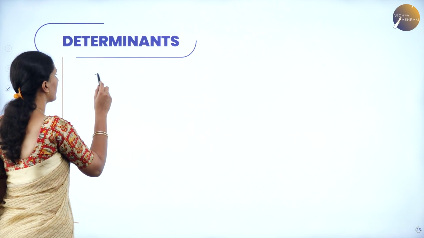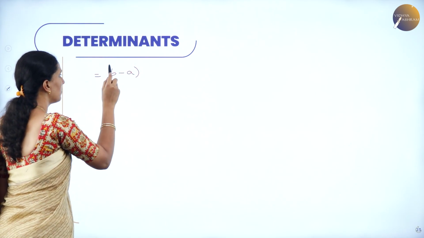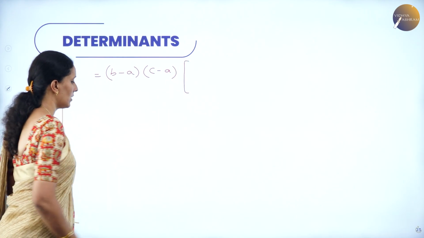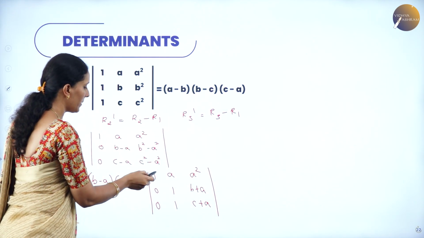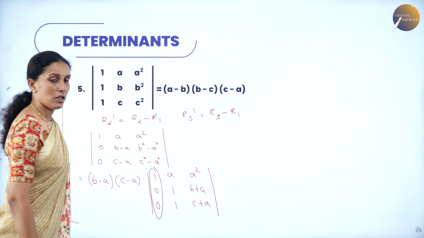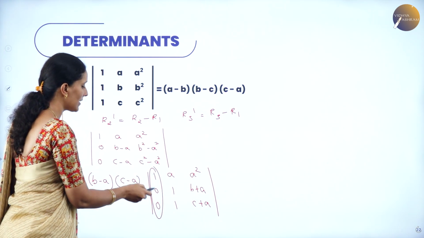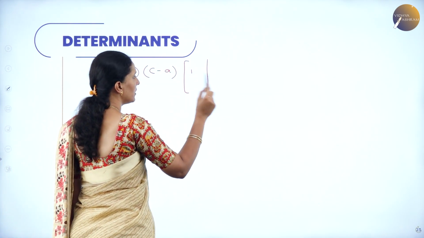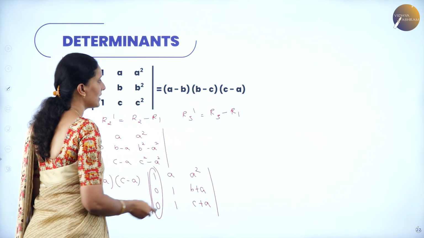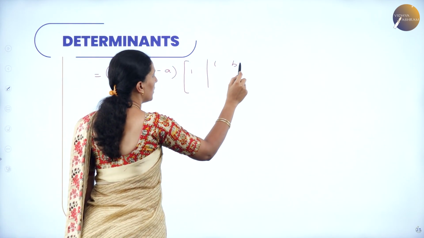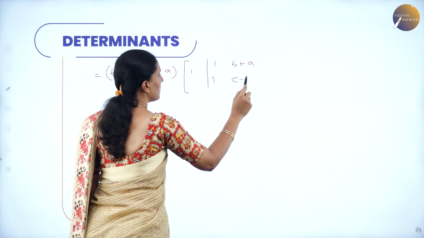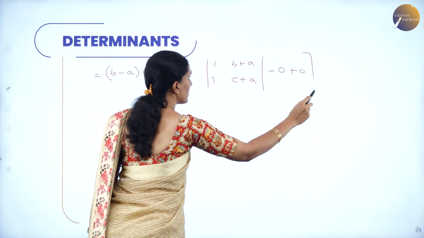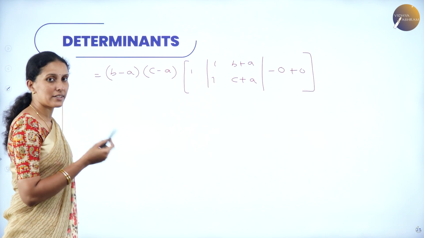So we have b minus a, c minus a, and here we have 1 0 0. Let me expand through column 1. So if you expand through column 1, plus 1 into the determinant 1 b plus a, 1 c plus a. And the remaining is minus 0 plus 0 because the value starts with 0.